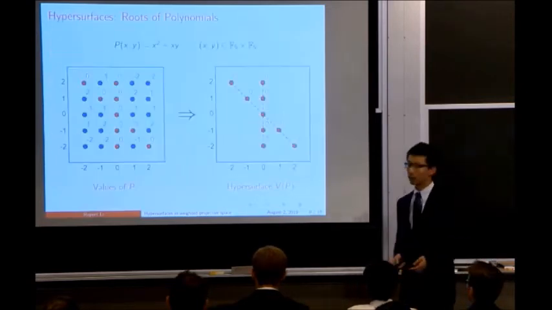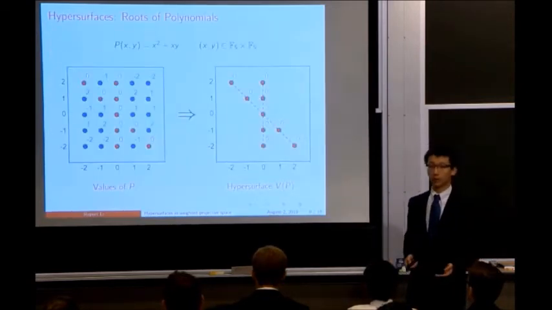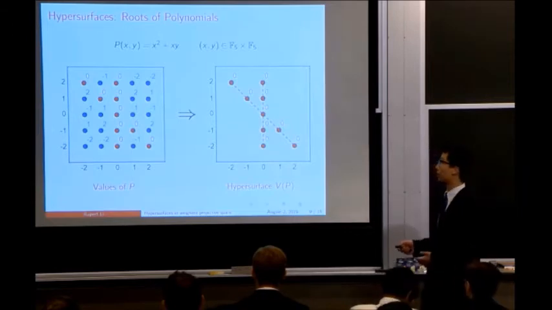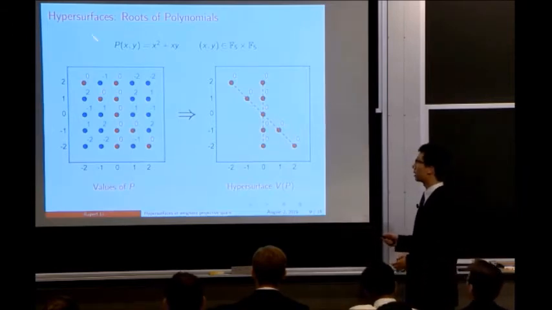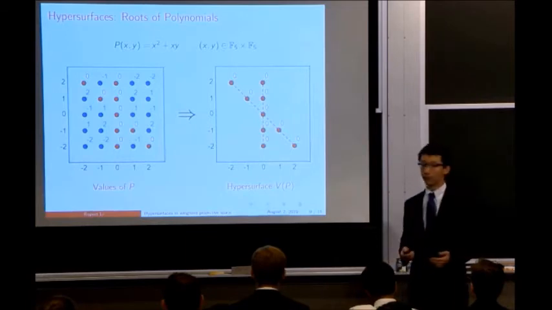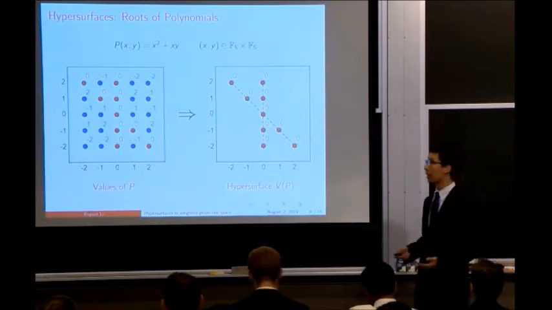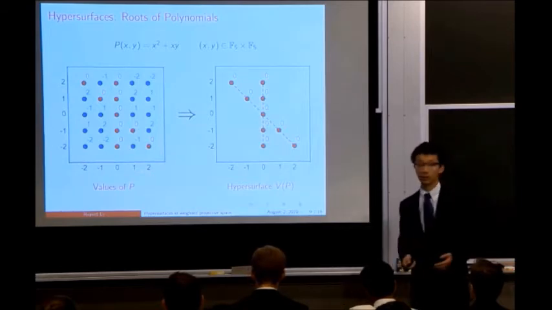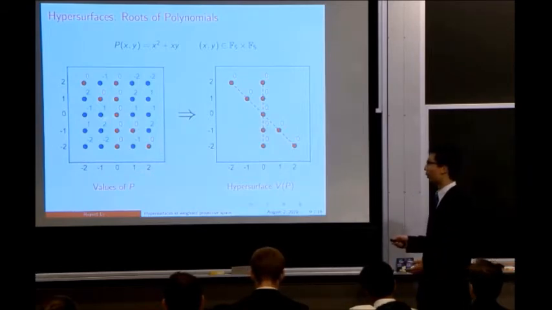The last topic that I need to introduce is what a hypersurface is, and those are just the set of roots of a polynomial. Say we have the polynomial P in x, y that's defined by x squared plus xy, where both x and y have to be elements of the field with 5 elements. The field of 5 elements is just the remainders mod 5. If I make those remainders negative 2 through 2 instead of 0 through 4, just so that I can put the origin in the middle here, these are all the values that I plug into this polynomial.